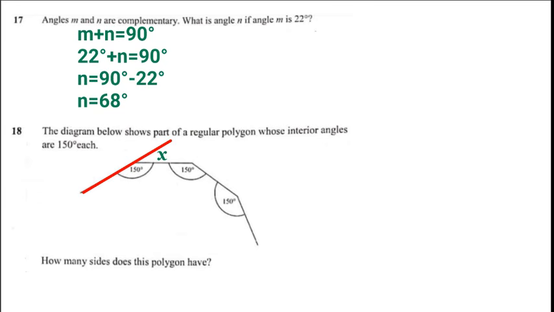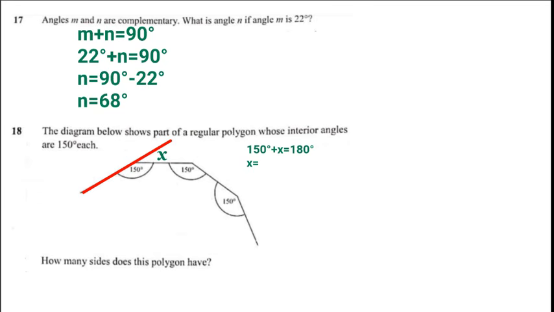So what we're going to do is come up with an expression to say the interior and exterior angle of a polygon add up to 180 degrees. Therefore we're going to have 150 degrees plus x is equal to 180 degrees. Then what is the value of x? We're going to put like terms together.